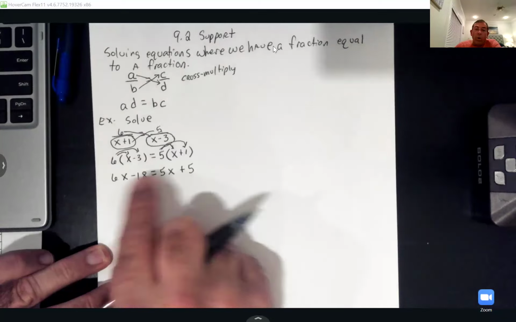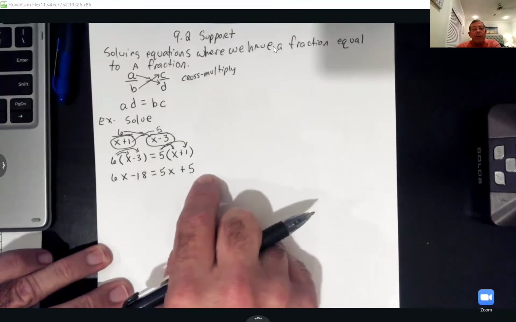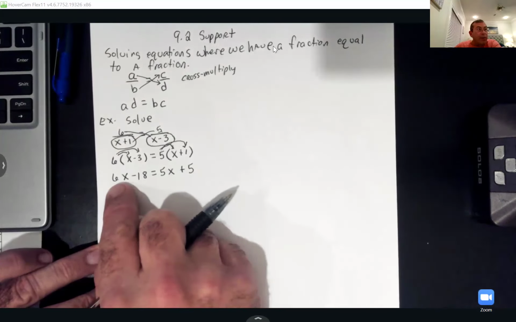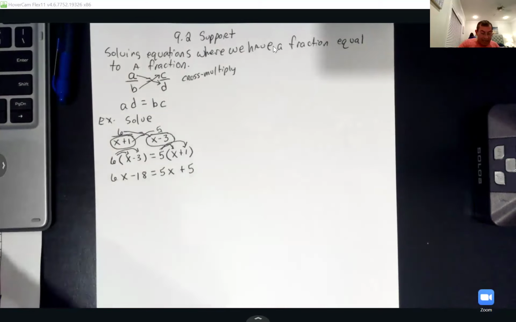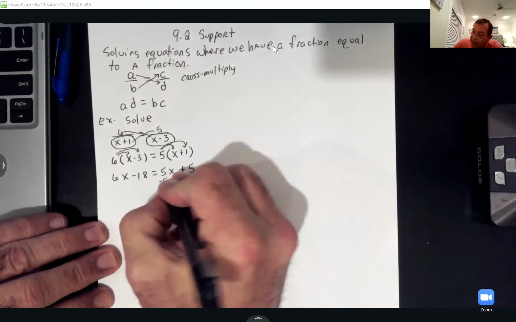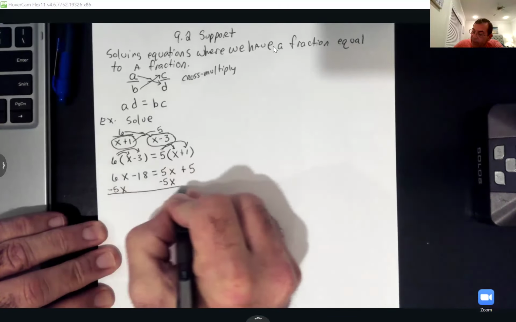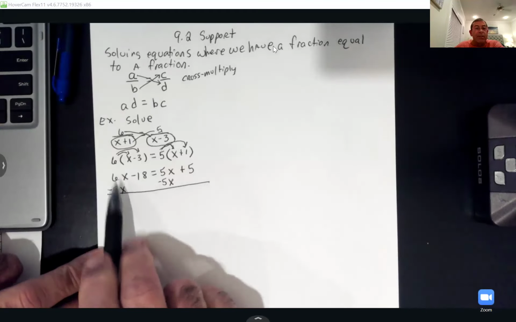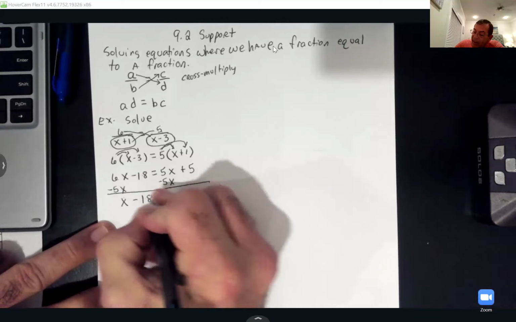Now, what I look at, I need the x's on one side and the numbers on the other. So since you got a bigger x here, I'm going to subtract 5x from both sides to move my x's. Okay, so 6 minus 5 leaves me 1x minus my 18.